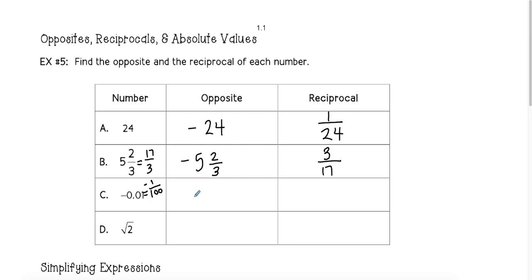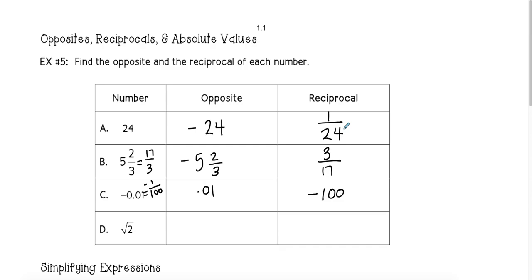The opposite would just be a positive 1/100, so 0.01 positive. And then my reciprocal, that's why we did that fraction, would be -100. Just a mistake I see: reciprocals keep the same sign as the number. Opposites are the ones that have the opposite sign.